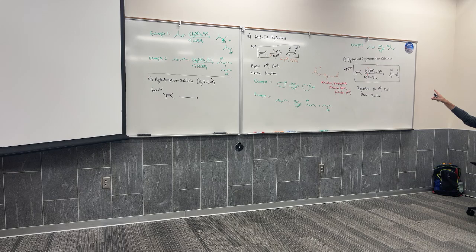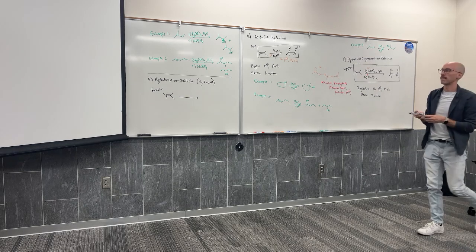Oxymerc adds oxygen, the OH, and mercury in the first step. Reduction removes the mercury and adds a hydrogen. Hydroboration adds hydrogen and boron in the first step. Oxidation swaps out the boron for oxygen.